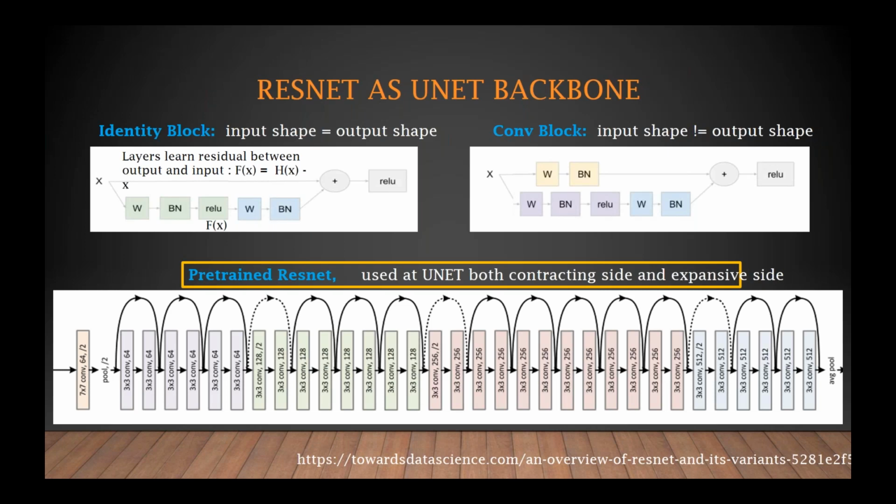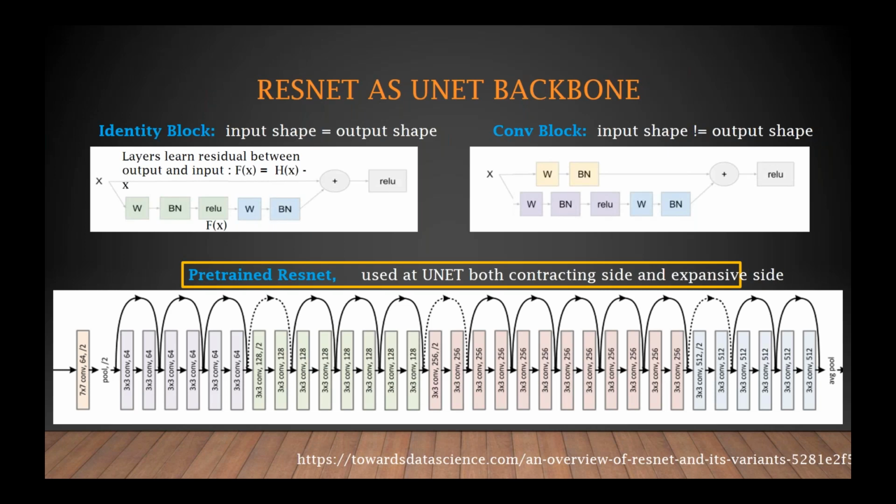Convolutional filters, we know, do downsizing. But if we replace the convolutional filters with transpose convolutional blocks, then it can do upsampling. That's why ResNet is very ideal to be used as a UNet backbone, because it can be used as either contracting paths or expansive paths.